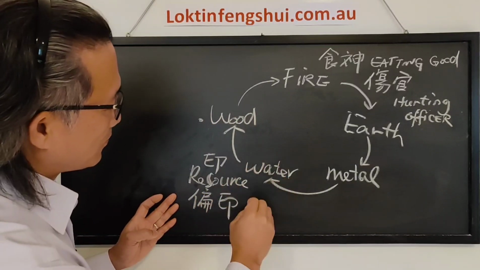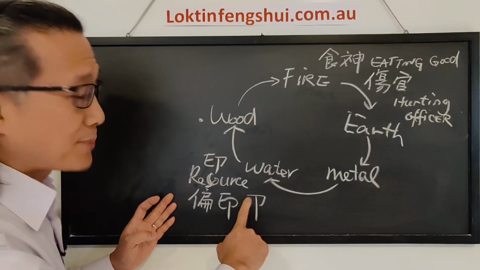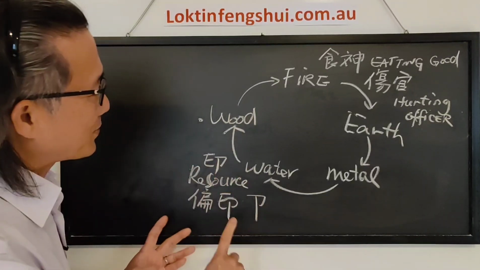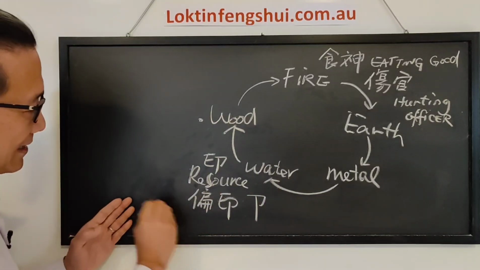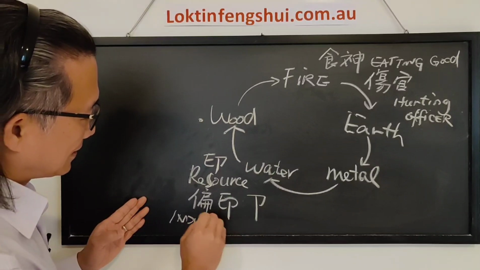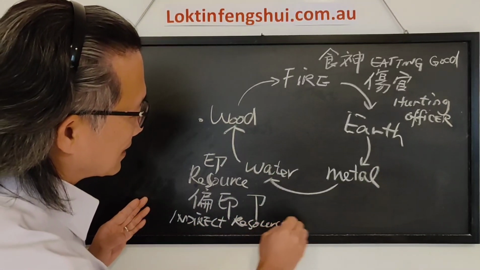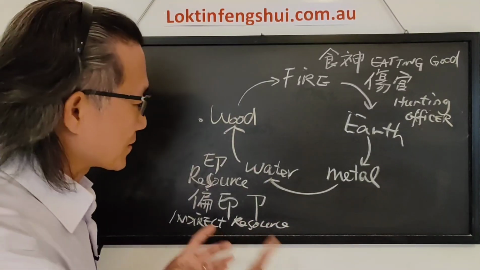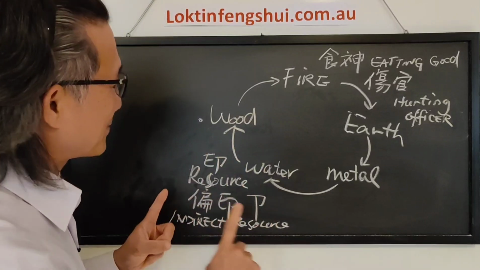We use a symbol like a P to represent the indirect resources. So why is it indirect? I will tell you a little bit later.